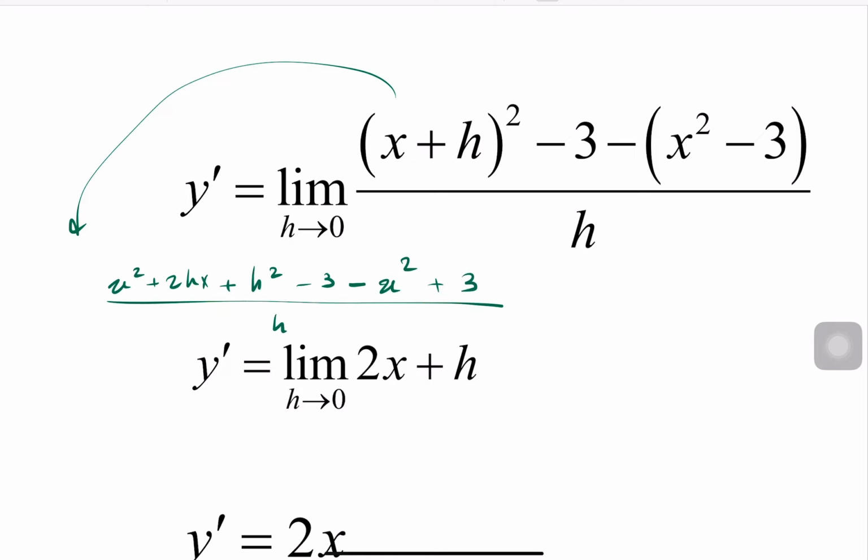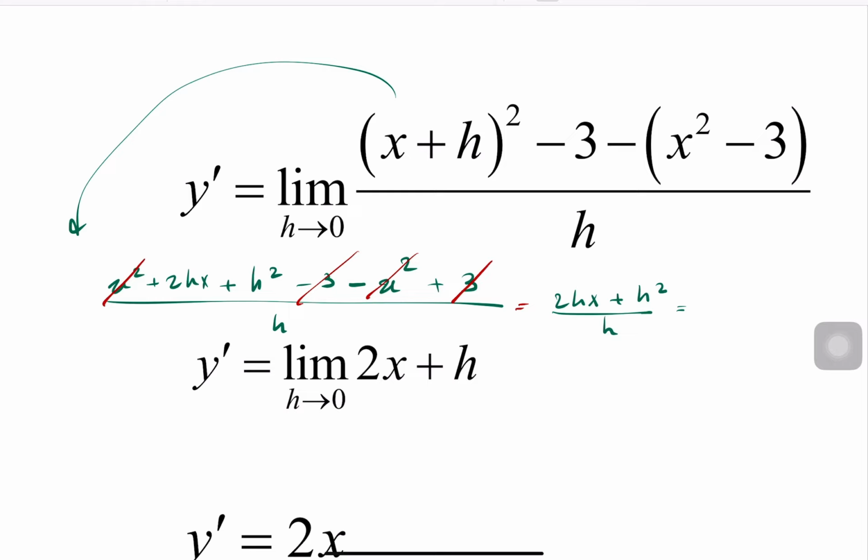Now I cancel each other as I show you. Minus 3 goes with plus 3, minus x squared goes with plus x squared, and the result will be 2hx plus h squared divided by h.